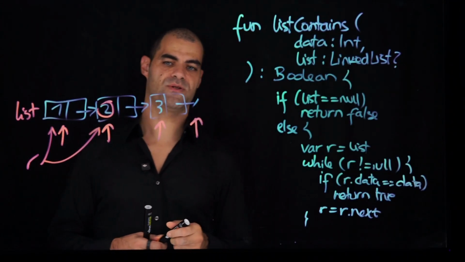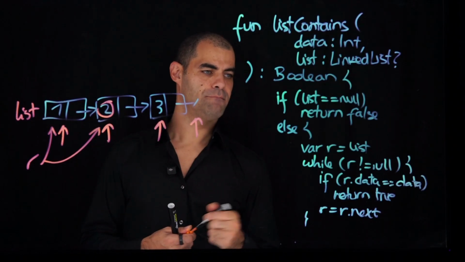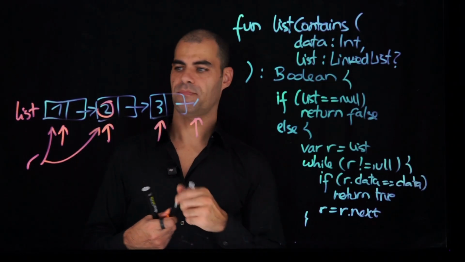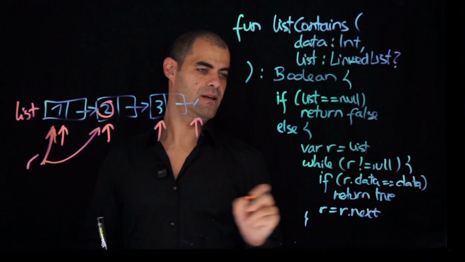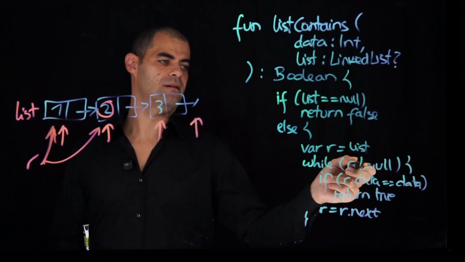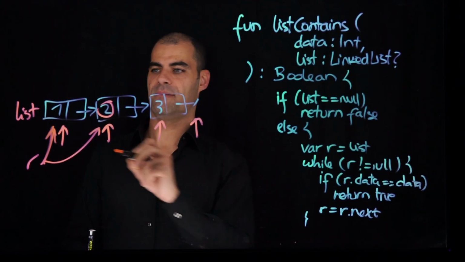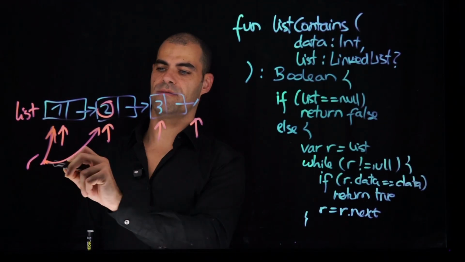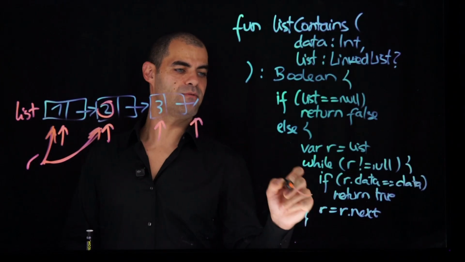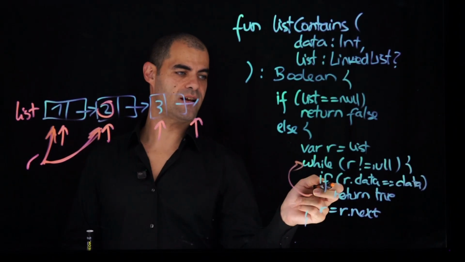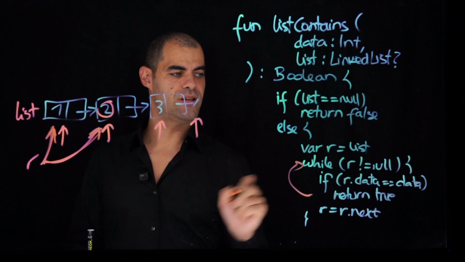And in the case that we want to search for the number 4, for example, we start our r here again, and while r is different than null, r.data equals data. It doesn't, so we move the pointer here, and then we look back here, and we check again if r.data equals data.